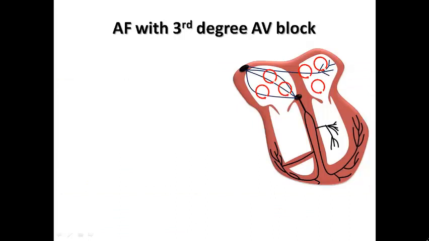Of course, we know that AF is caused by multiple wavelet re-entries inside the atria, and usually it is conducted through the AV node, which may be controlling the conduction, leading to AF with controlled ventricular rate, or it may be conducting the atrial beats rapidly to the ventricle, leading to AF with rapid ventricular rate.